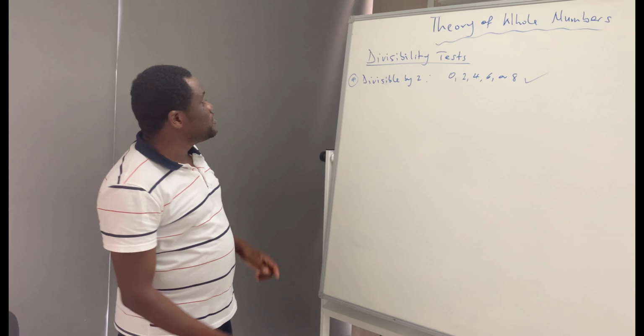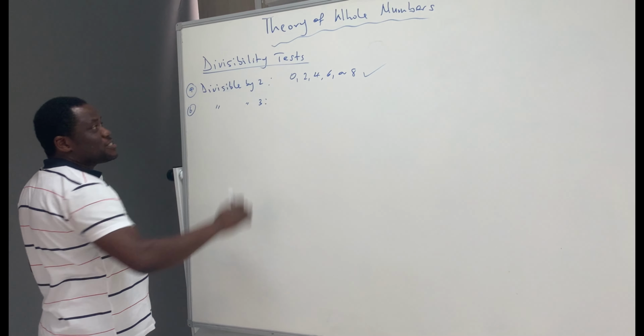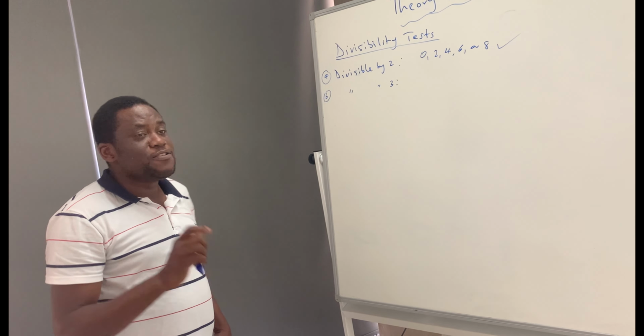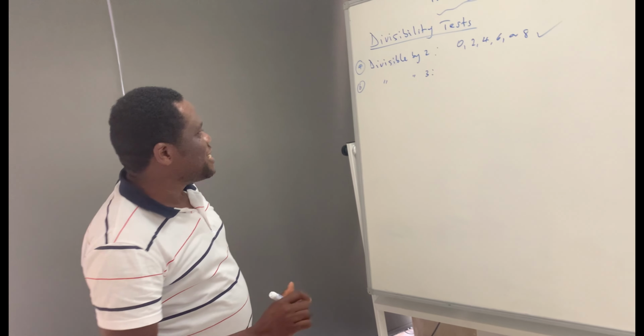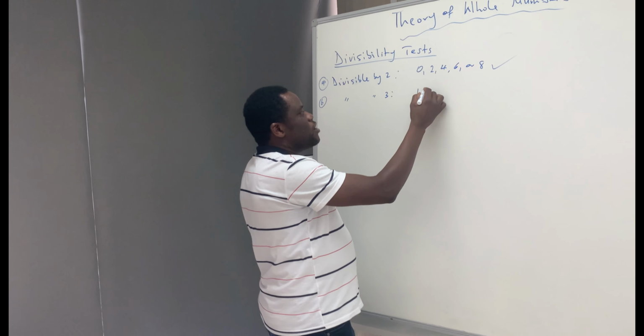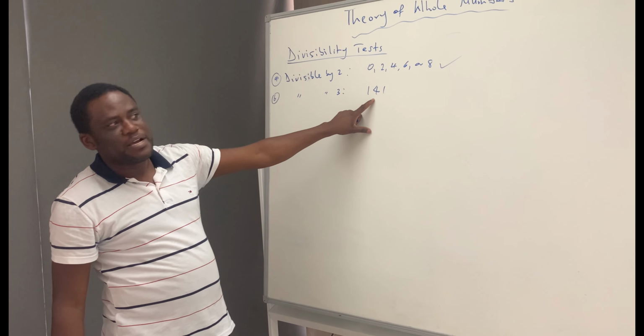But what if it's divisible by 3? Divisible by 3 is not the same. What we have to do in divisibility by 3 is very easy. If we are given, for example, 141, we want to check if 3 divides this.